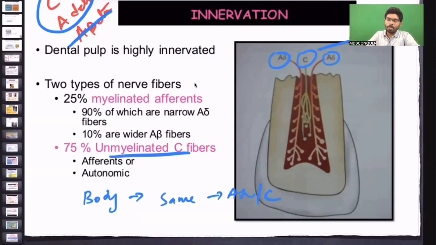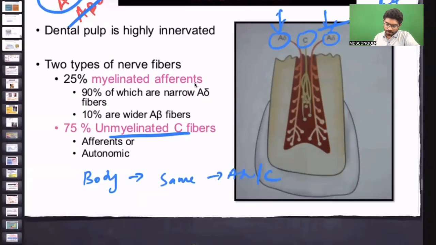A delta fibers are the only myelinated fibers, and they are not properly myelinated in young permanent teeth as well as primary teeth. That is why pulp sensibility tests are contraindicated. A delta fibers take 4 to 5 years after eruption to form the myelin sheath.